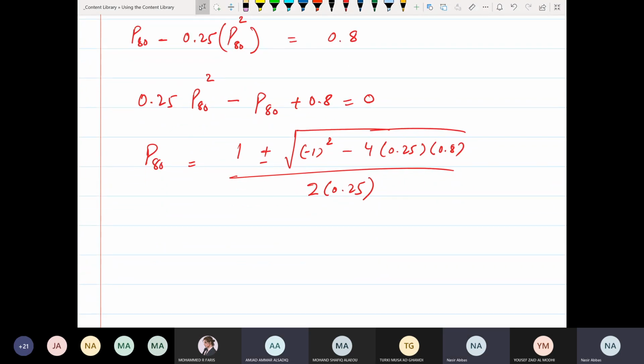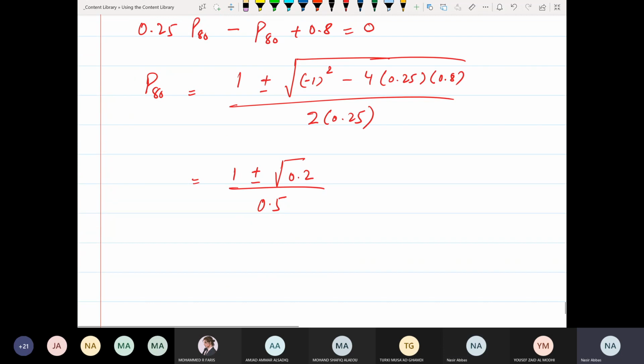So we will get two values. That is 1 plus minus, let me find what is inside the square root. 1 minus 4 times 0.25 times 0.8 is 0.2. Square root of 0.2, whole divided by 2 times 0.25, which is 0.5.